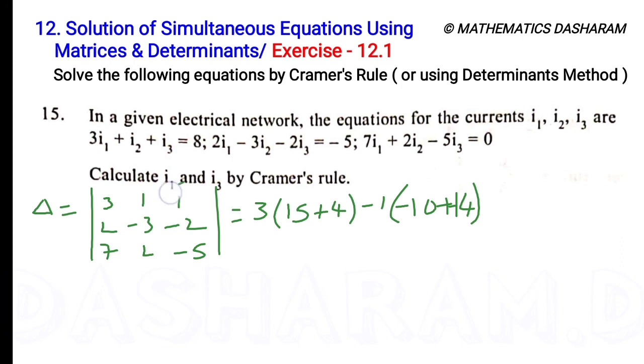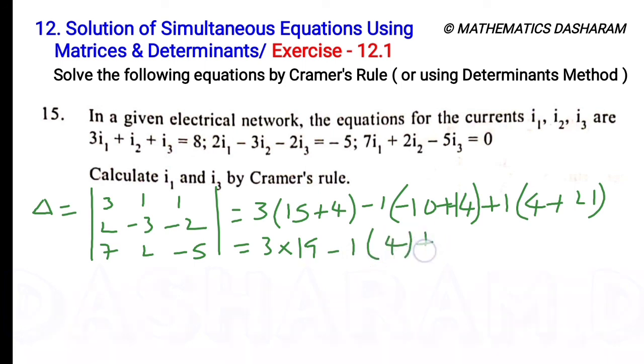Next, the third element is 1. So 1 into 2 into 2 minus 3 into 7. 2 into 2 is 4, minus 3 sevens is 21. So 3 into 15 plus 4 is 19, minus 1 into minus 10 plus 14 is 4, and 1 into 4 minus 21 is 25. 3 into 19 is 57.